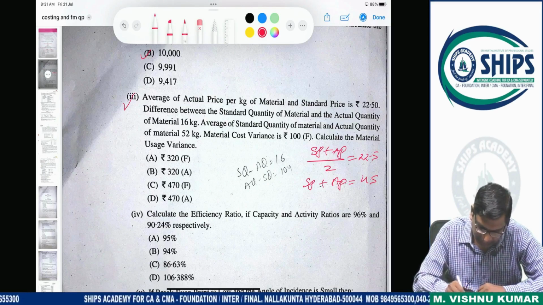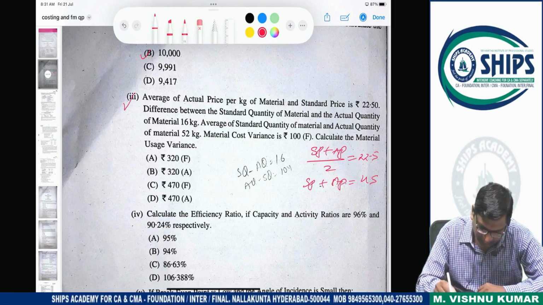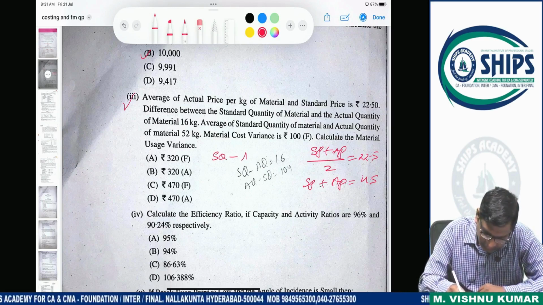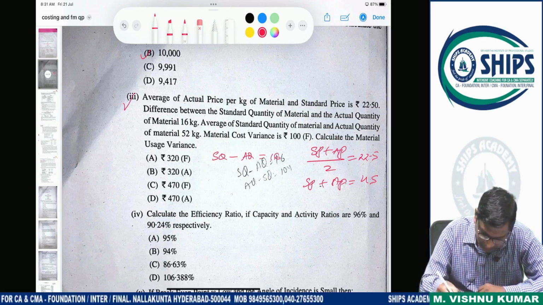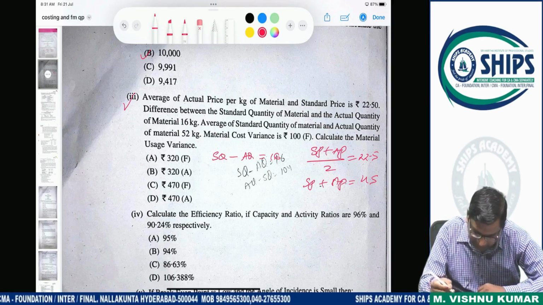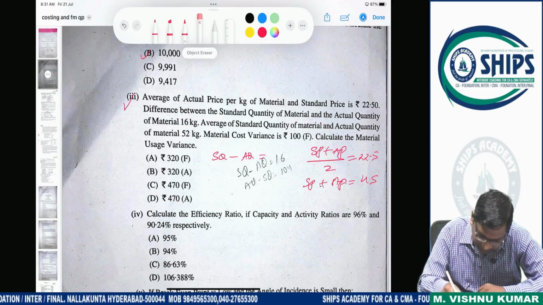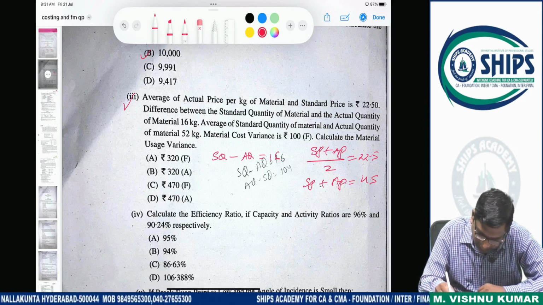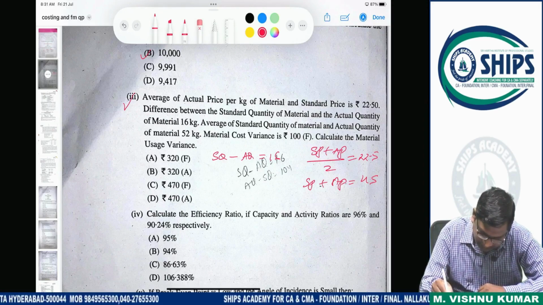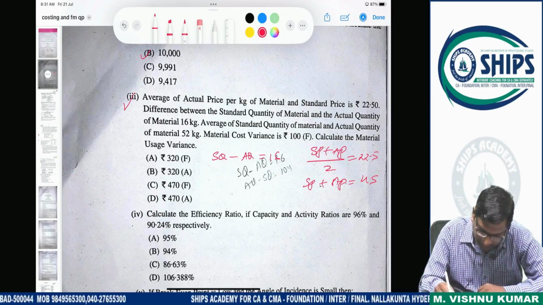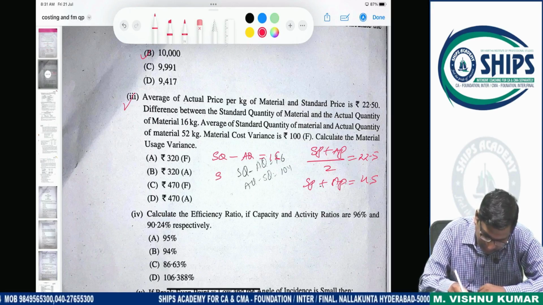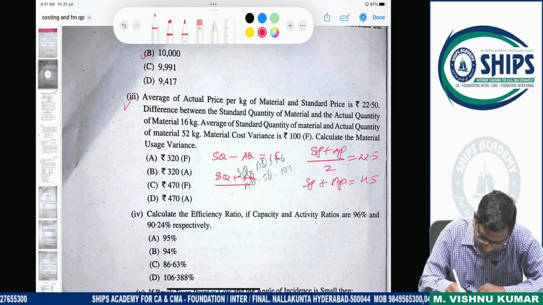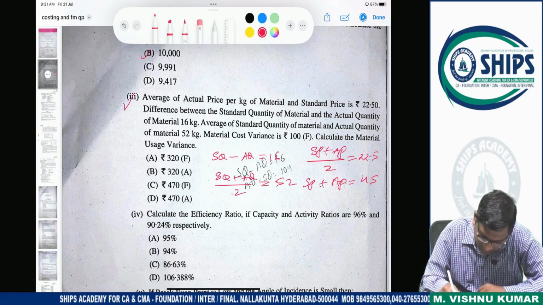Now the difference between standard quantity of material and actual quantity of material is 16. And the average of standard quantity of material and actual quantity of material, average means standard quantity plus actual quantity by 2, is 52 given.